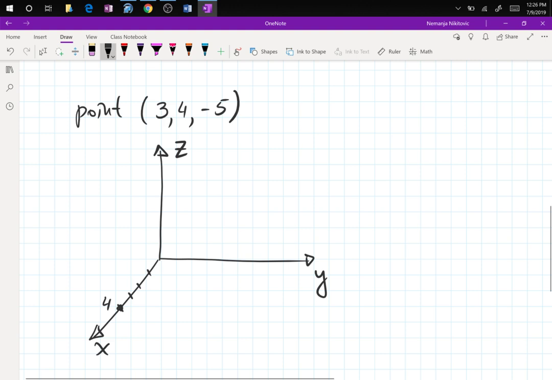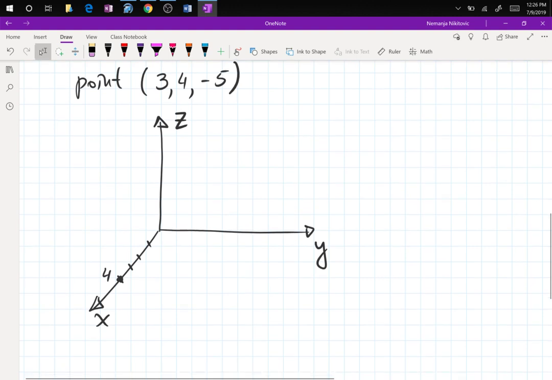If you have a negative x, you have to go on the negative x-axis, but we don't have it, so I'm not going to include it. Now, you need to go 4 in the y direction, which means you need to have the line that is parallel with y, that is going to go 4 units. 1, 2, 3, 4. So this point is 4, 0, 0. It's just a point on the x-axis, y and z are 0.